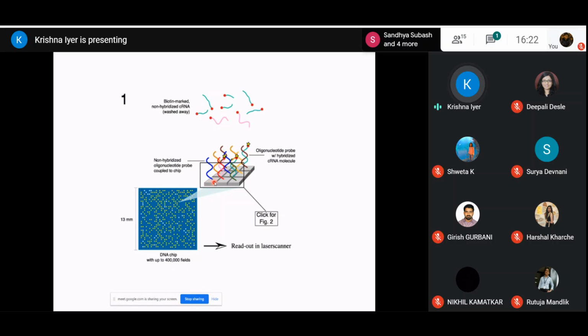For example, this has got a blue color, that means it has got a certain sequence of nucleotides. In here it is red, it has got a certain sequence of nucleotides. Here there is a green, and so on and so forth. Now imagine in my sample there are these labeled complementary RNA or DNA which are going to bind to this.